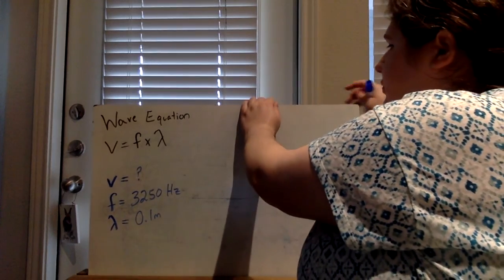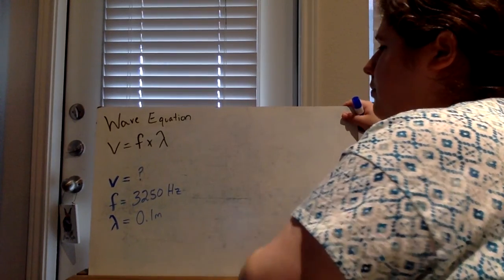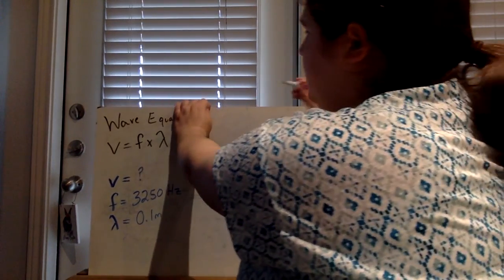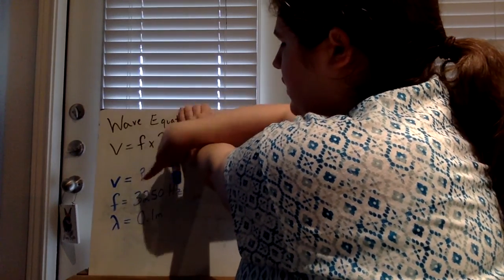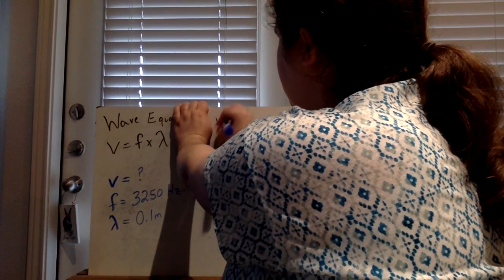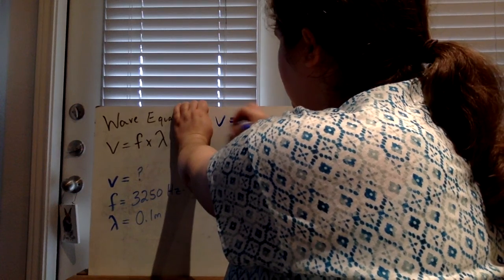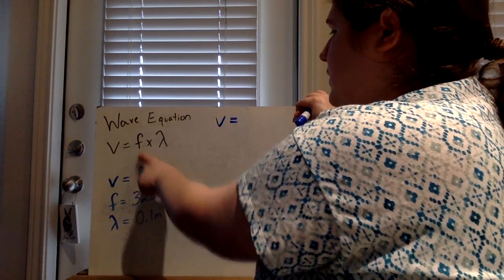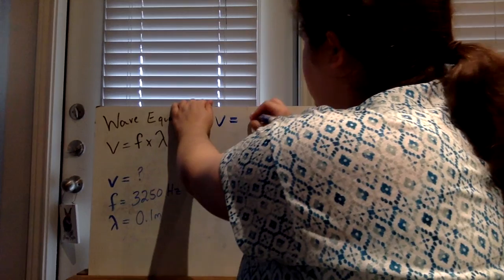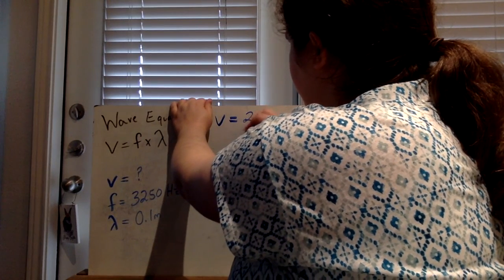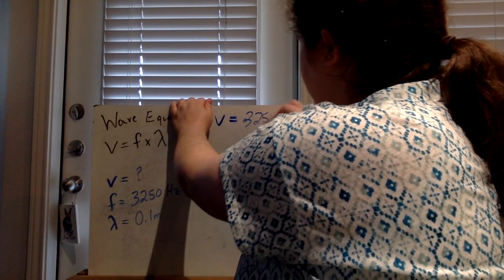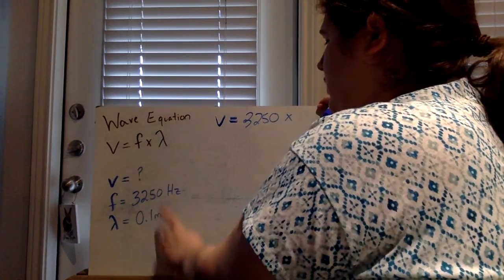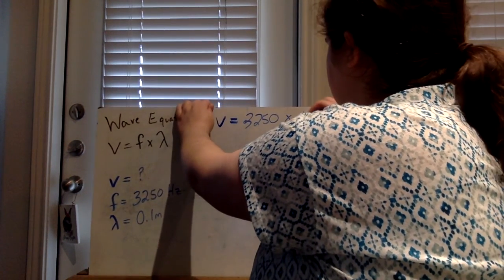Okay, so that's step one, write down your variables. Step two, plug it in. Okay, V, I don't know what V is, I'm just going to leave it like that, is equal to frequency, 3,250 hertz, times 0.1 meters.